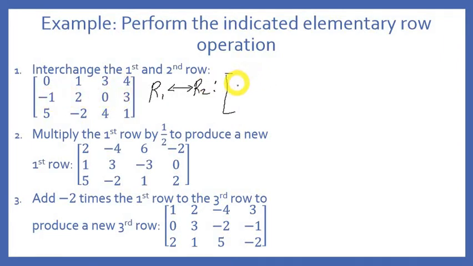So I will write row 2 first. -1, 2, 0, 3. Then my previous first row, 0, 1, 3, 4. Then finally the third row that I did not touch, 5, -2, 4, and 1. And there you go. We already have our operation of interchanging row 1 and row 2.